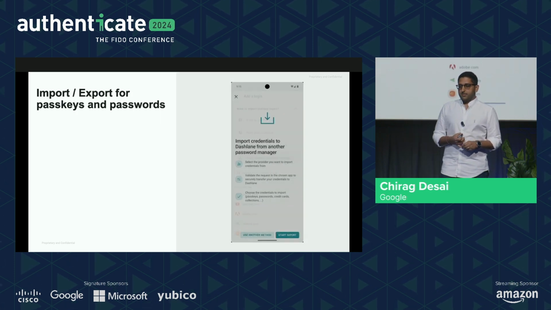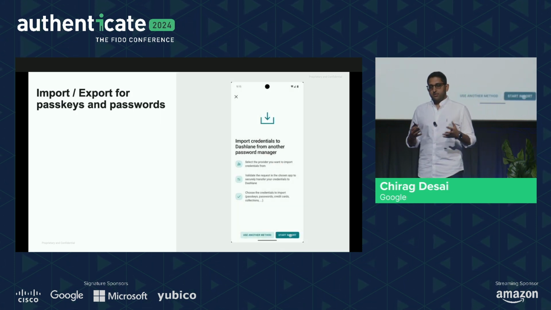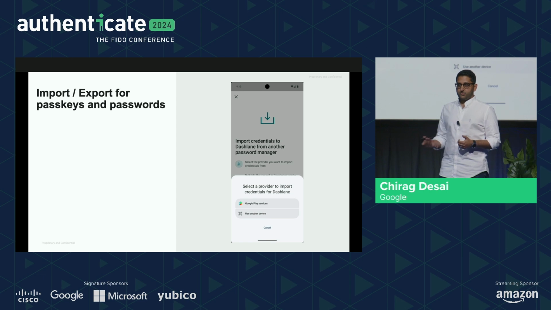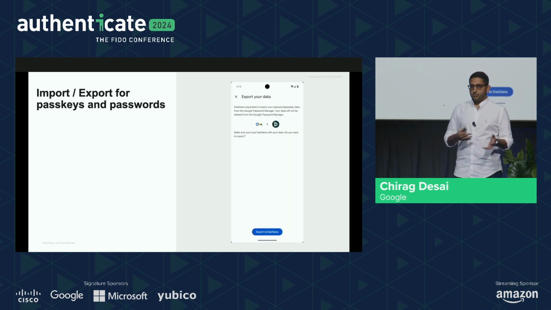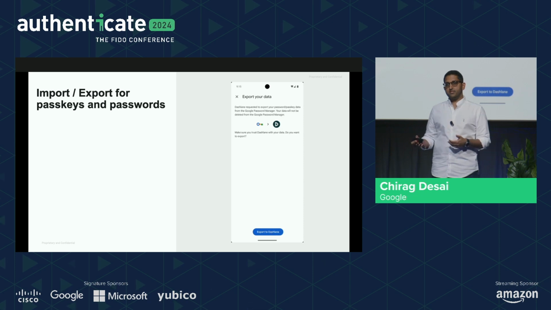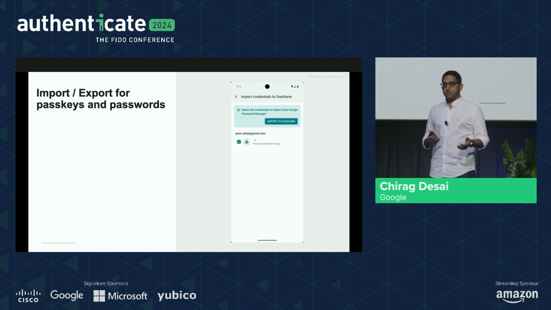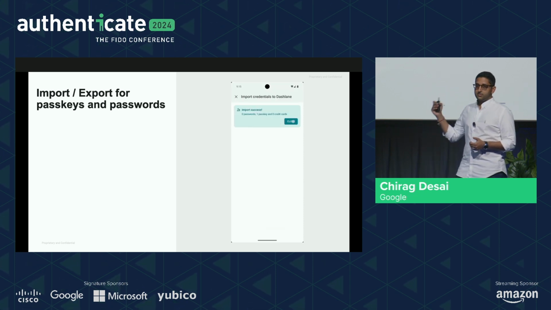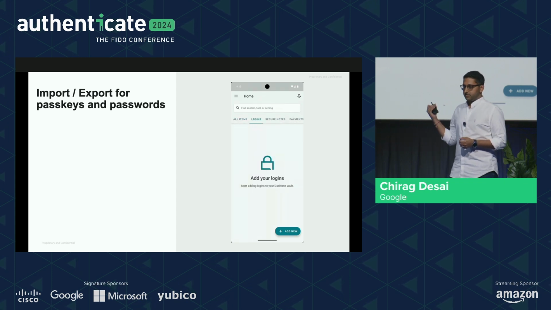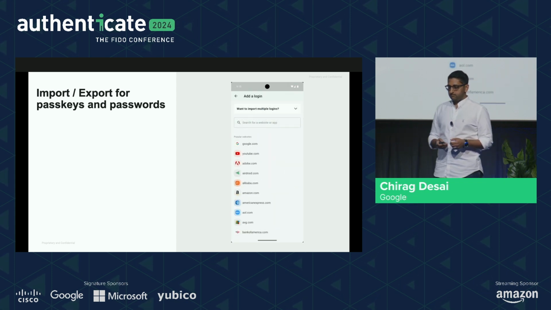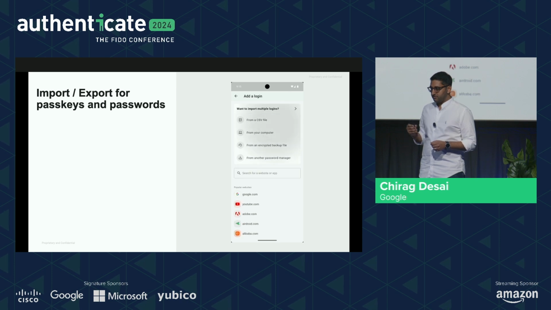We're also experimenting with passkey and password import-export between password managers on Android, making sure that users have a choice about which password manager they use and can move their data easily between providers. And on the screen here, you can see passwords being exported from Google Password Manager and imported into Dashlane. I'll just leave it on to play one more time so you can see it.